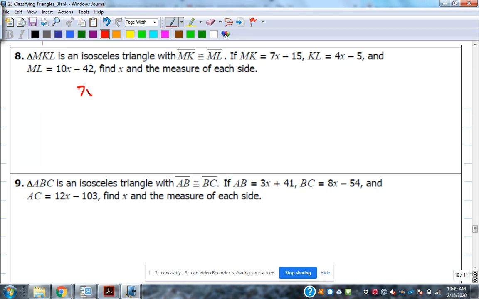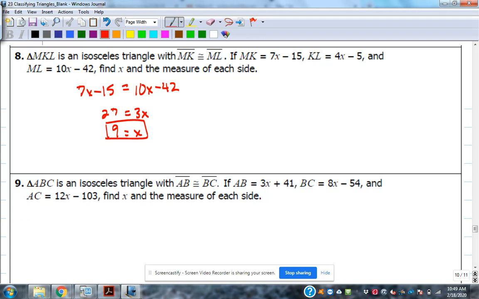So 7x minus 15 equals 10x minus 42. So that'd be 3x is equal to 27. X is equal to 9.